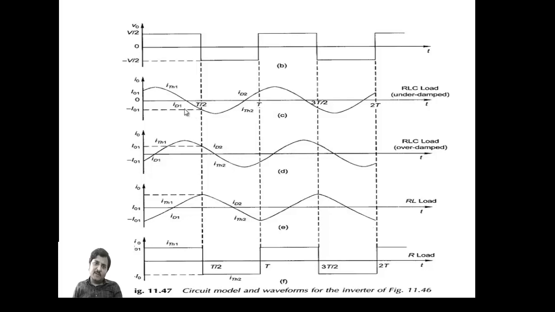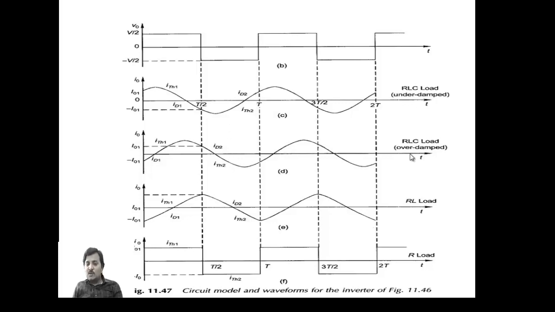In the remaining zone from 0 to this part, the current is positive and the voltage is positive, so thyristor T1 will be in the conducting mode. Thyristor T2 is conducting from here to here, and diode D2 will be conducting from this part where the voltage is negative and current is positive.